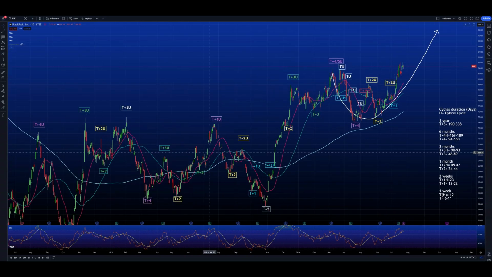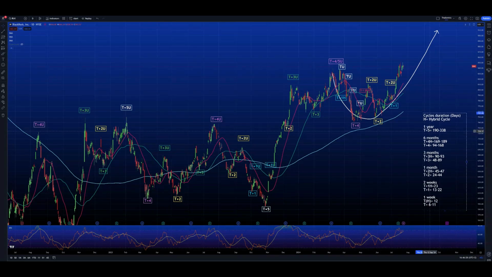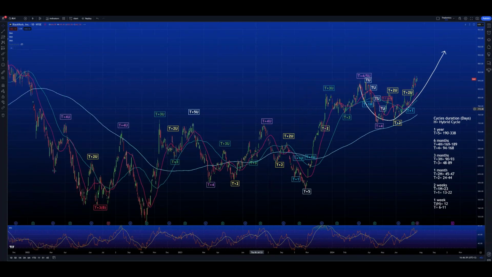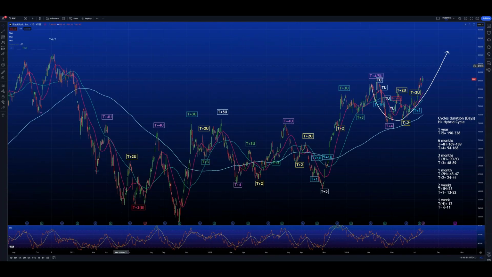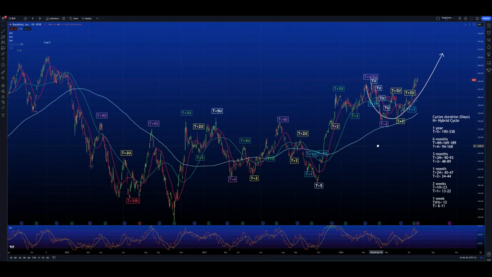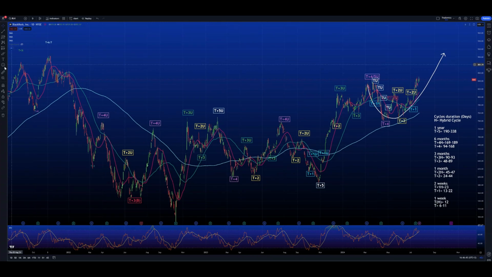Another thing is, how can we be sure that we can proceed further to the upside with this rally? The answer is pretty straightforward.